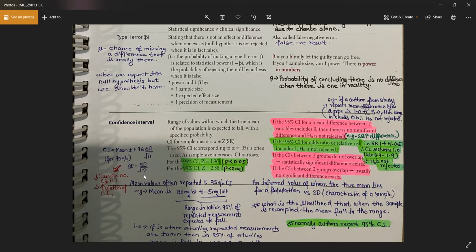Okay. If I increase the sample size, then this term, let me circle it, will decrease. If I increase the n value, the sample size, this term will decrease. Let us suppose the term initially was 2 and it is now decreased to 1.